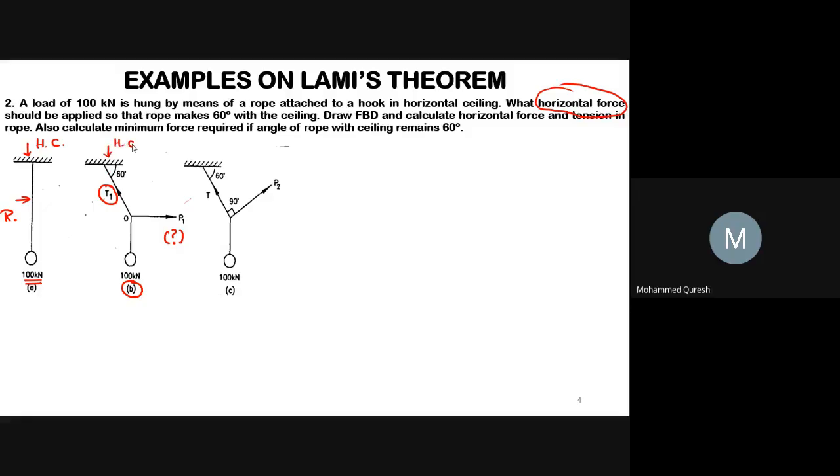Draw the FBD, that is the free body diagram, and calculate the horizontal force and tension in the rope. Means after plotting the free body diagram, we have to calculate the horizontal force and tension for the figure shown in B. And then also calculate the minimum force required.